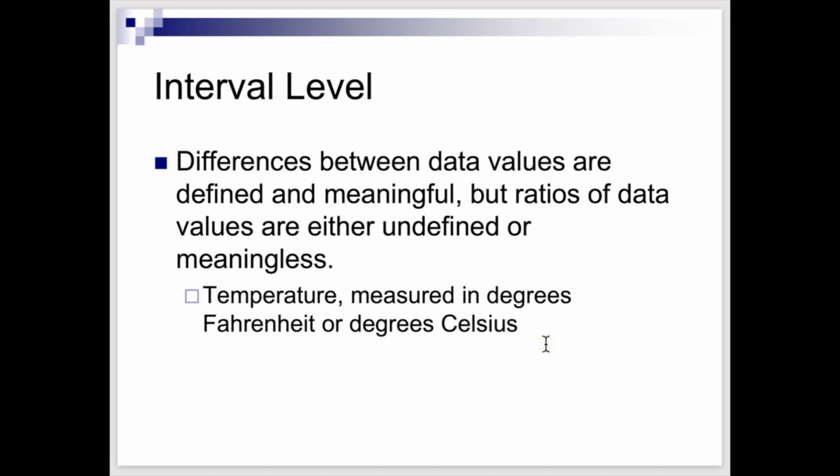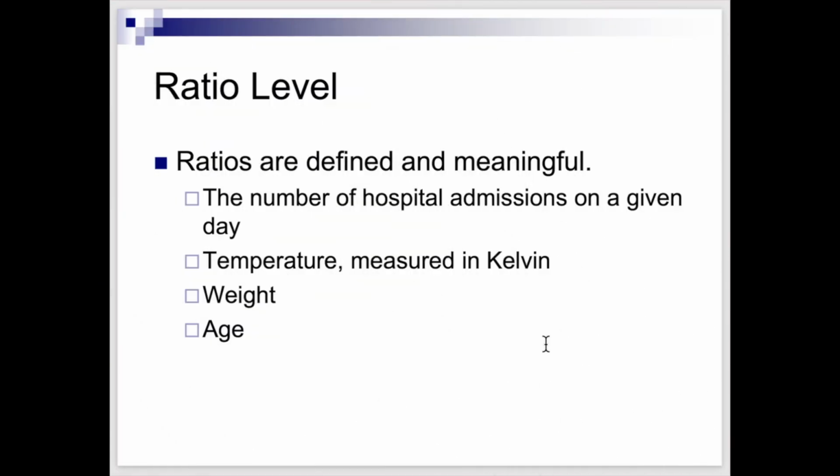Interval level data being a situation where differences between data values are defined and are meaningful, but ratios of the values are either undefined or meaningless. Then finally, the highest level of data, the ratio level data, this is where ratios are in fact defined and meaningful. For example, if we were counting the number of hospital admissions on a given day, that is ratio level data.